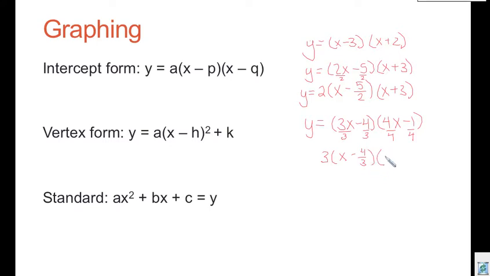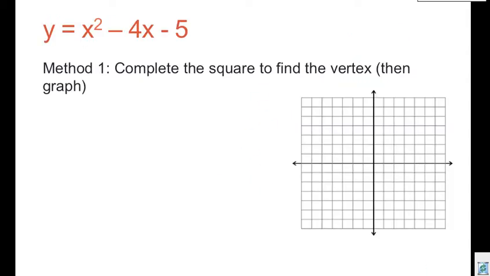And then this one would be x, we pulled out a 4, and x minus 1/4, and then we can multiply those together. So y equals 12, x minus 4/3, x minus 1/4. We talked about this intercept form the other day, and we've worked quite a bit with standard forms. So now we'll be moving back and forth.